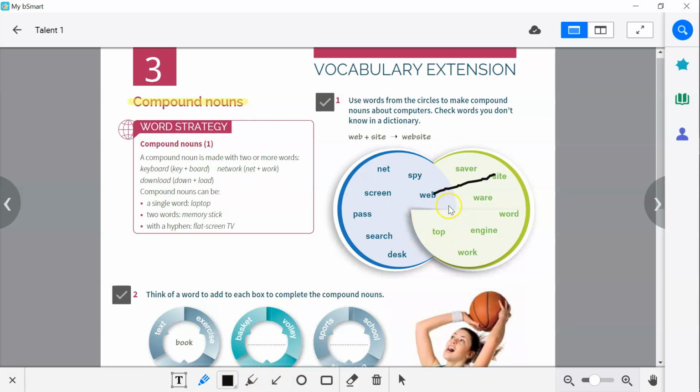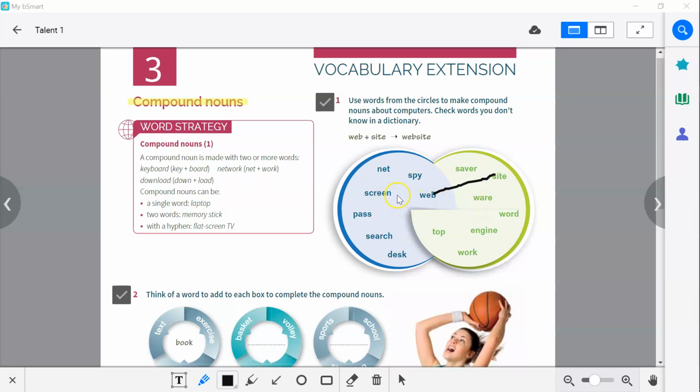So the website means rete. Website è la rete di siti, quindi il sito online. Website, maybe the school website or Nike website or the football team website.